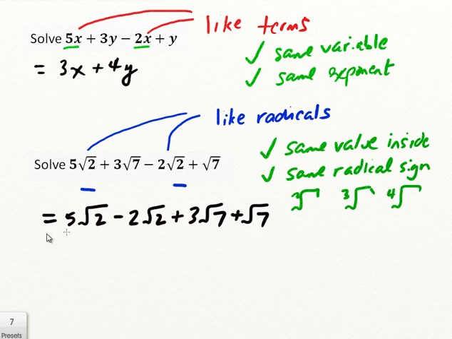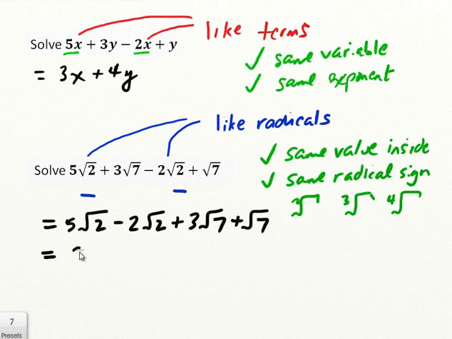Just as we added 5x and subtracted 2x to get 3x, 5 root 2 minus 2 root 2 is 3 root 2, and 3 root 7 plus 1 more root 7 is 4 root 7.